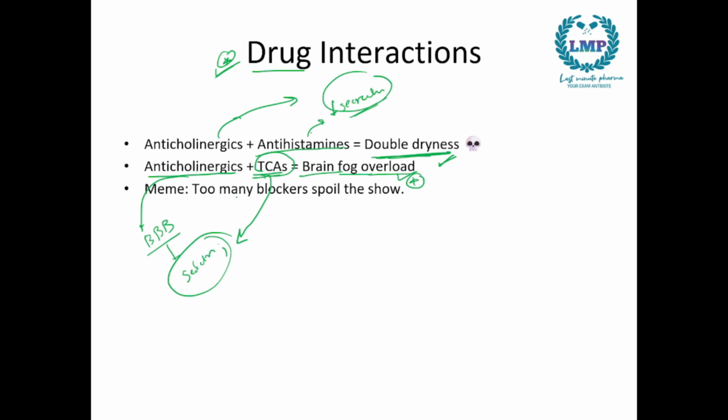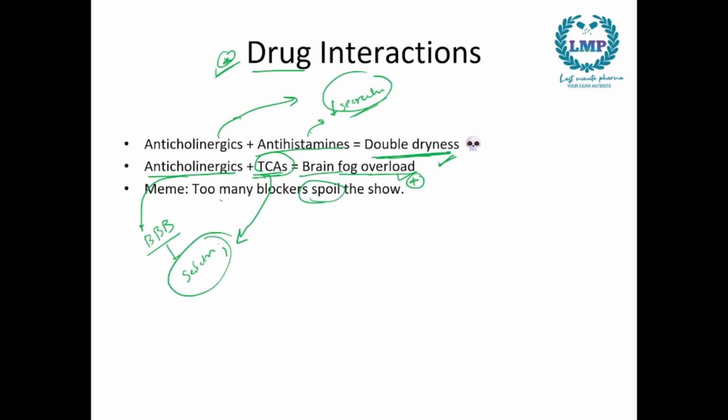So as I told you, too many blockers will always spoil the show. For example, anticholinergic and antihistaminics both decrease the secretion. Anticholinergic and tricyclic antidepressant both cause sedation. Because of this, too many blockers are always going to spoil the show.